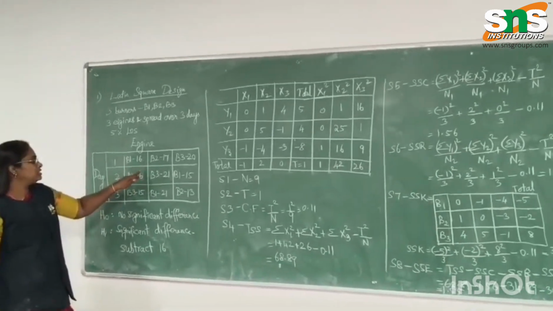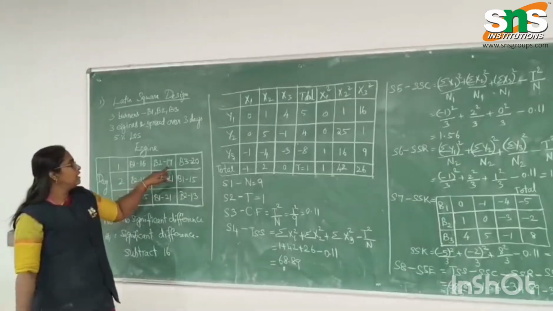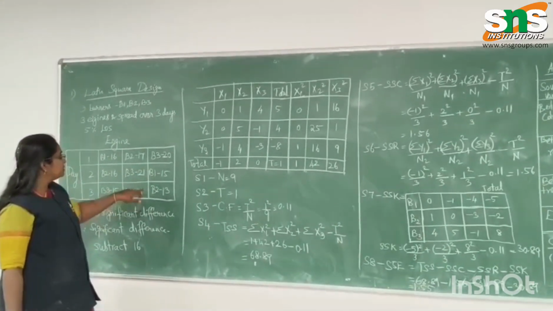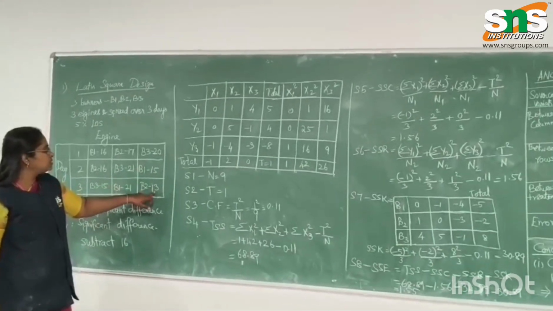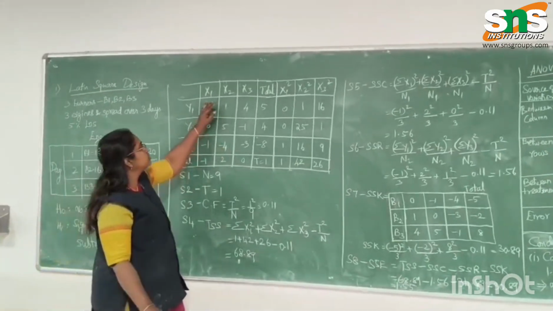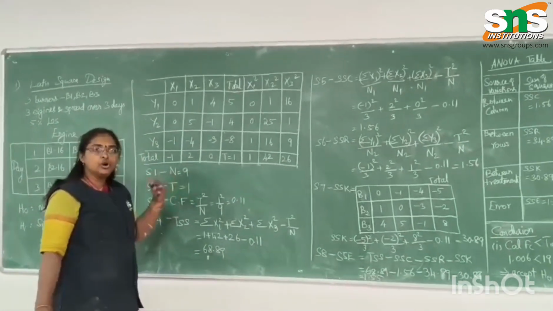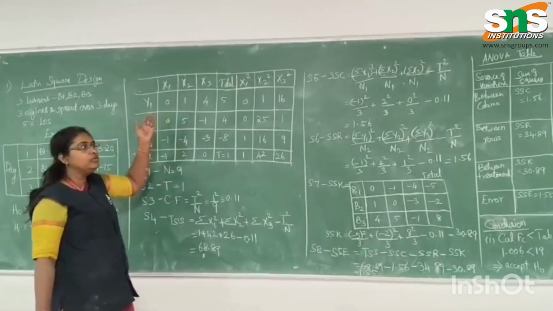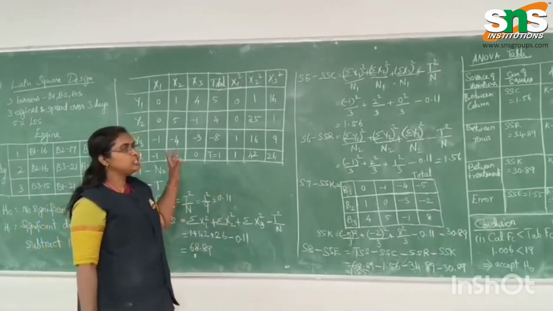So 16 minus 16 is 0, 16 minus 16 is 0, this one is minus 1, this is 1, this one is 5, and then 4 minus 1 is minus 3. We wrote all the data here. We subtracted the same common number from the data and got these values. Based on these values, the sum is very easy to calculate. That's why we changed it like this.